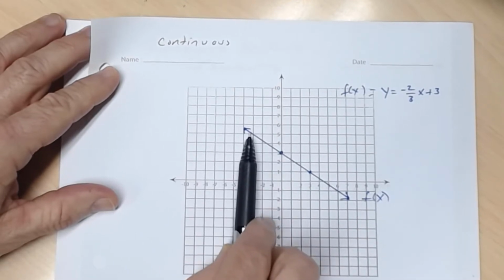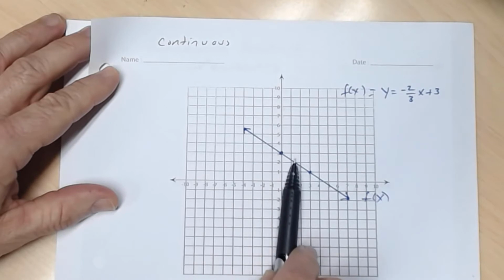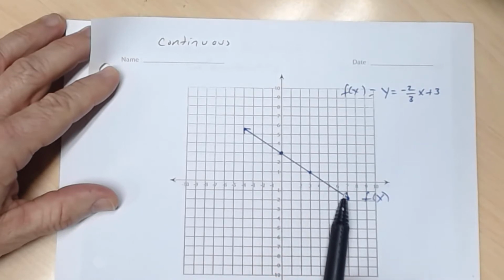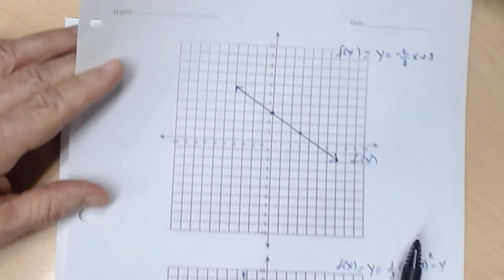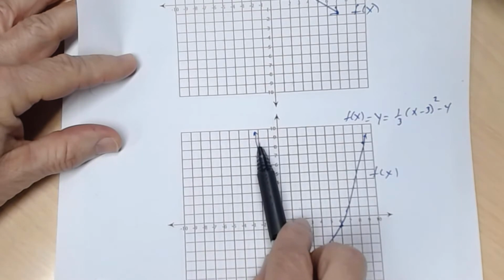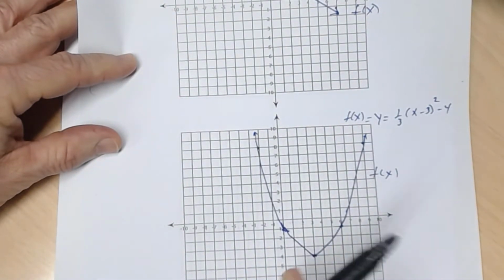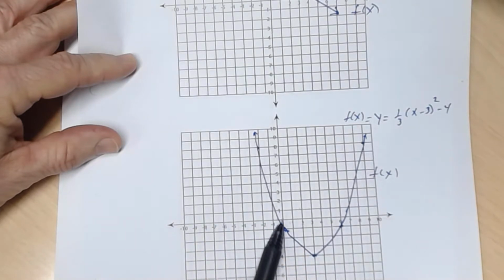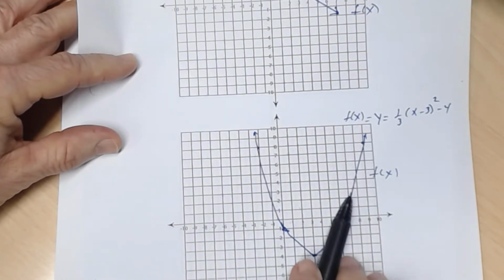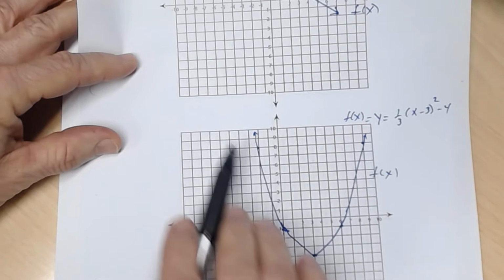You're tracing the graph. See how I'm tracing? I'm tracing the graph as I go from left to right. Same thing here. I am continuously on the graph, tracing the graph as I go from left to right. I'm going to come back to that idea, the word continuous.